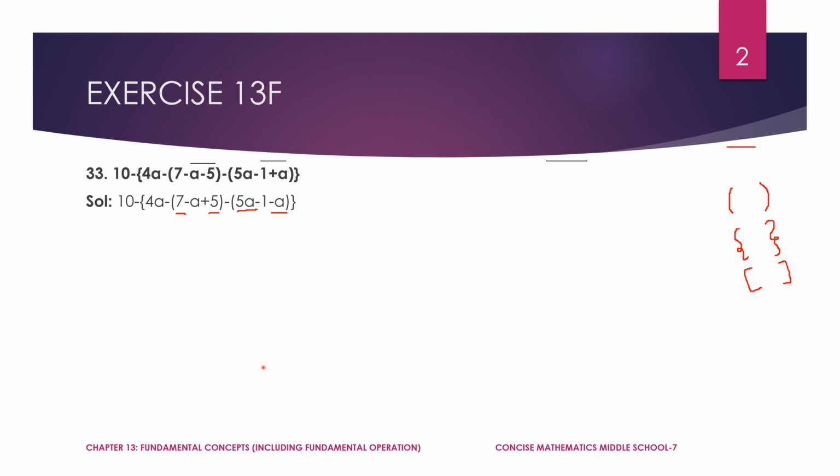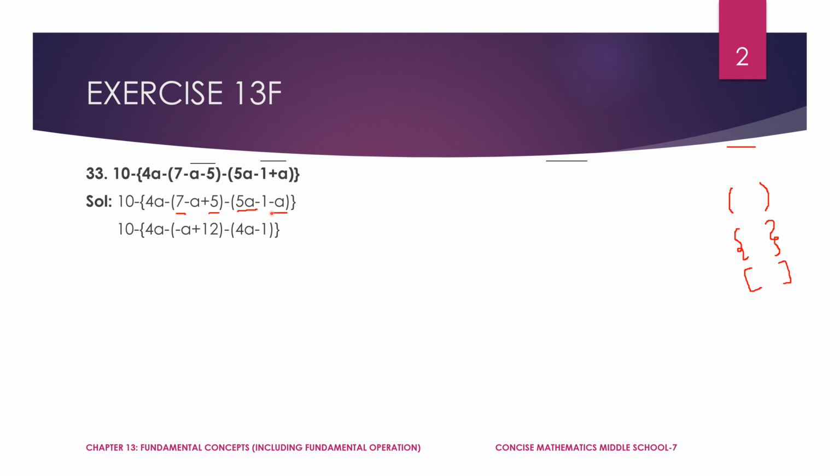Inside this braces firstly we need to solve it. Both are having positive sign, so just put a positive sign and add them. Here one is having positive sign, other is having negative sign. Always when terms have one positive and one negative, remember to put the bigger number's sign.